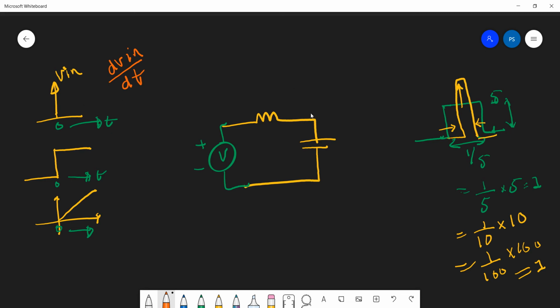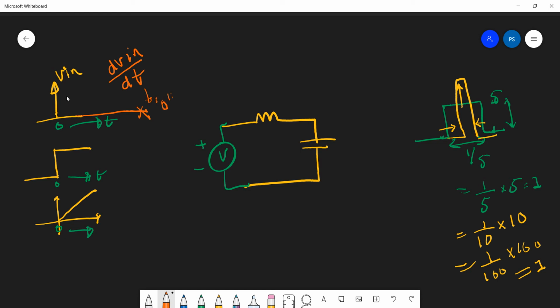In such a case, we will see how to analyze the RC circuit. Now at a very long time, let's say somewhere here, what is the differentiation? If I apply differentiation at this point, there is no signal, so the differentiation would be 0.